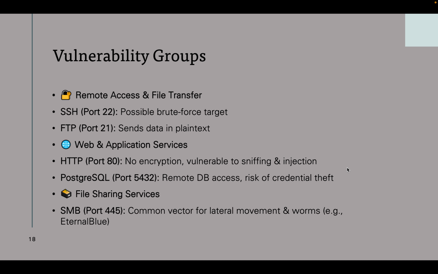So we have port 22 and port 21 grouped together with remote access and file transfer. Port 22 is a possible brute force target. Port 21 sends data in plain text. With port 80 and port 5432, we have web application services. Port 80, no encryption, and vulnerable to sniffing and injection.